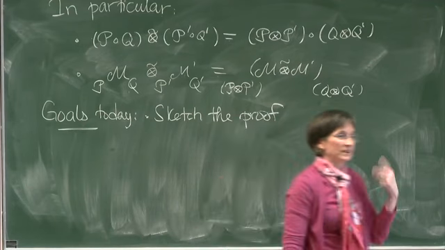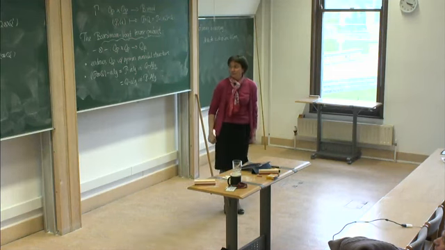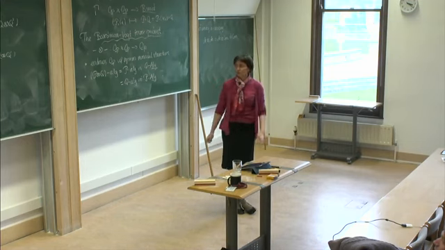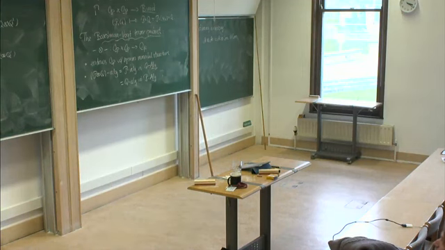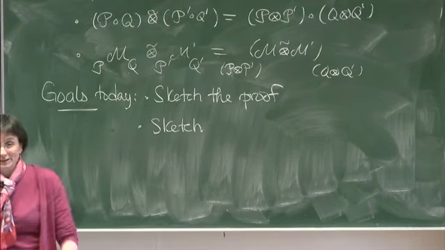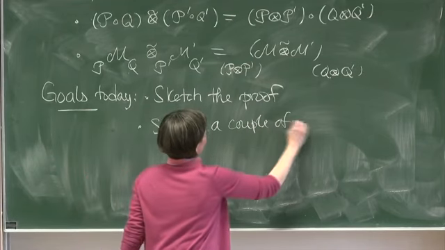When I talk about sketching the proof, there's some interesting techniques and apparently new monoidal structures on symmetric sequences that show up, different kinds of things that are perhaps useful in other contexts. I think it's worth going through the proof and then sketching one or two applications, depending on the time. So I'll just say sketch a couple of applications.